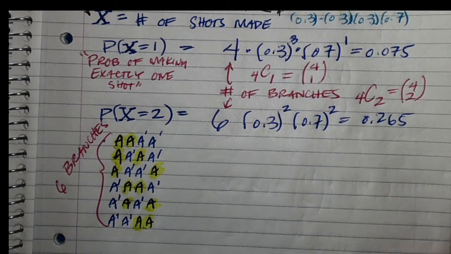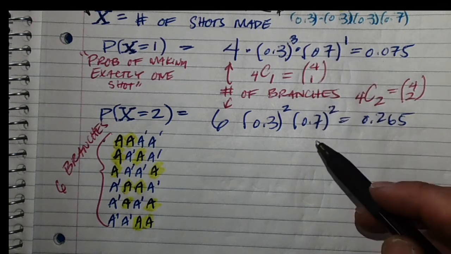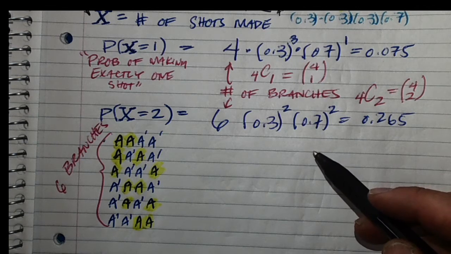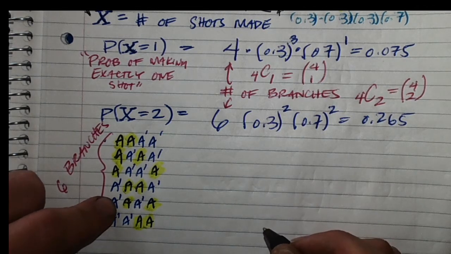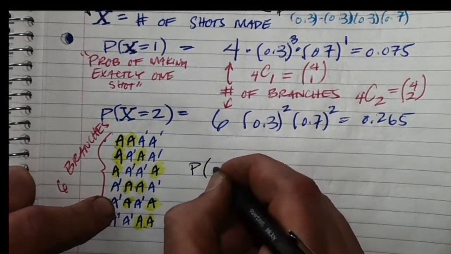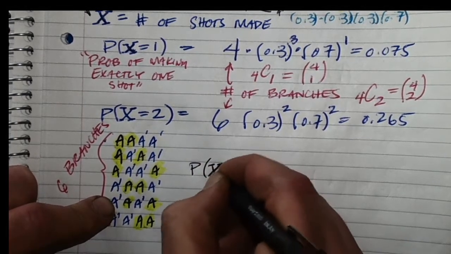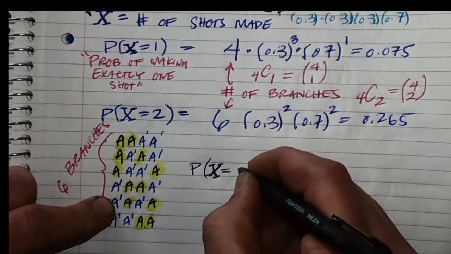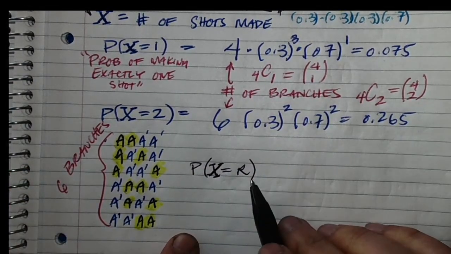Anybody think they could come up with a formula for this now that you see both of these? Yeah, so it's going to start here, probability X equals, and then I didn't pick this letter and couldn't tell you where it comes from.